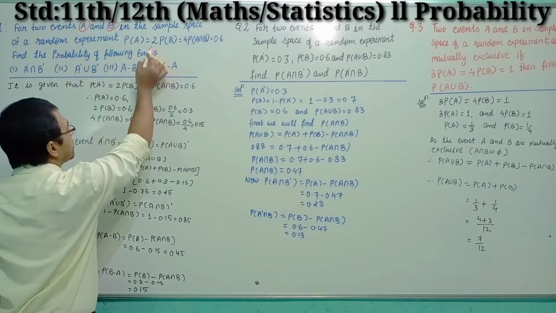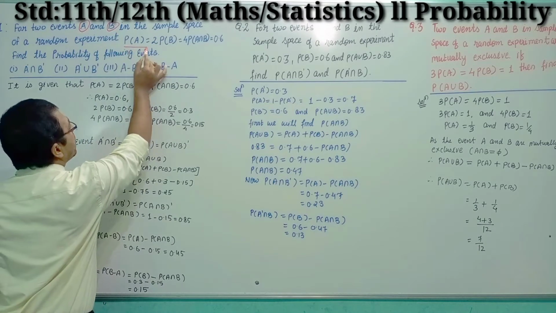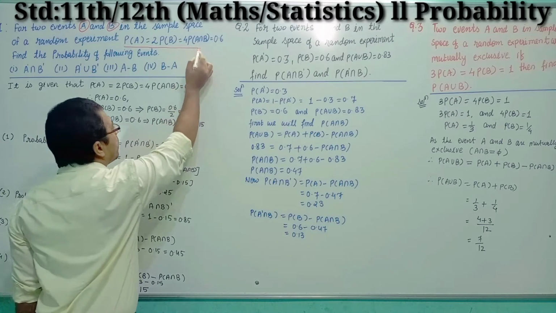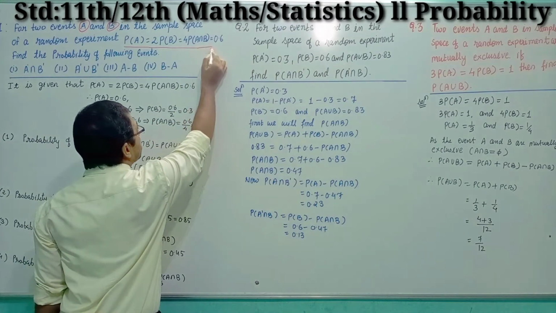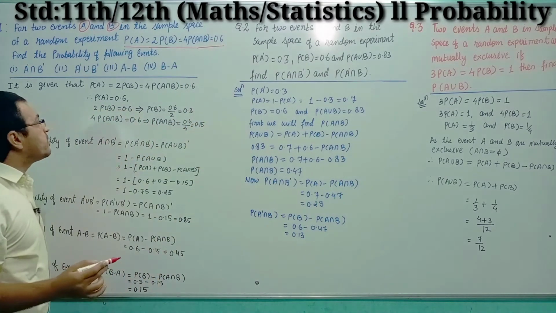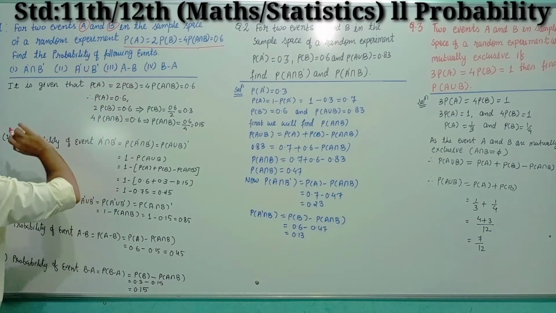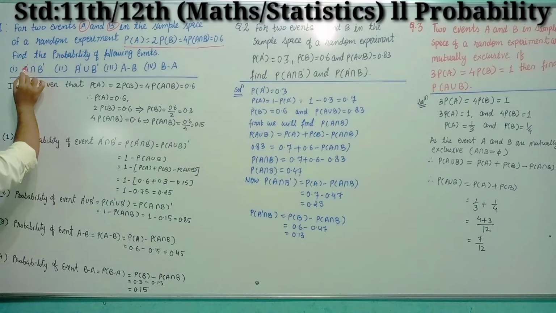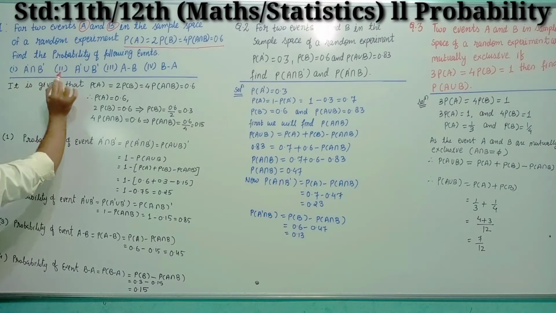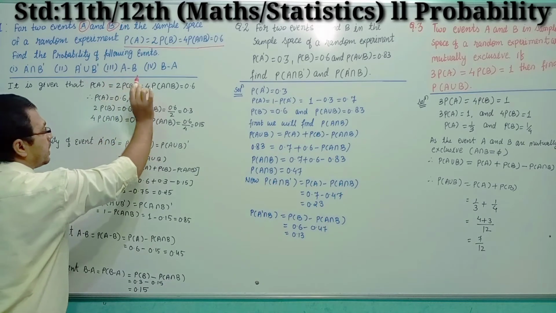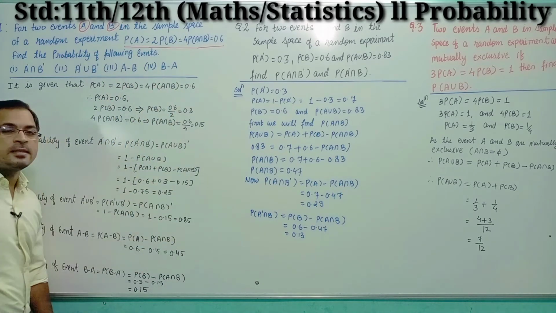The relations are given: P of A is equal to twice P of B is equal to 4 times P of A intersection B is equal to 0.6. So find the probability of the following events. We have to find the probability of A dash intersection B dash, A dash union B dash, probability of A minus B, and the probability of B minus A.